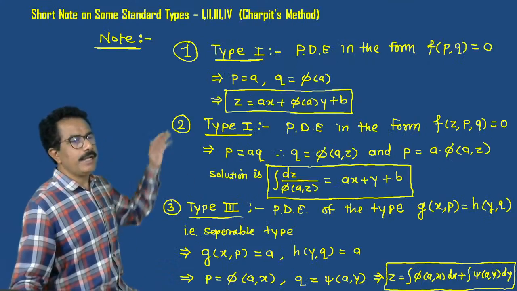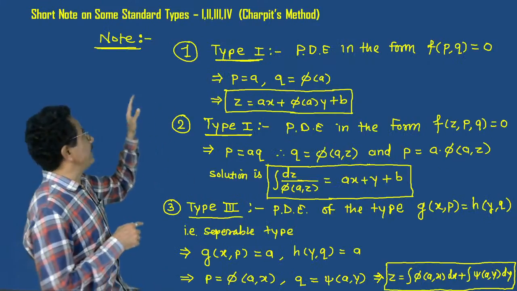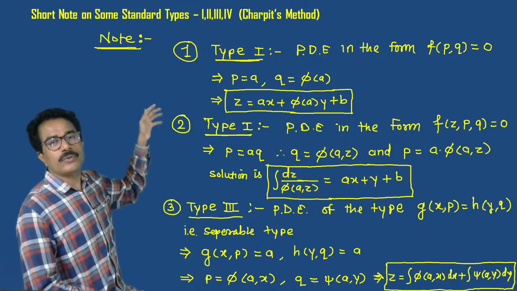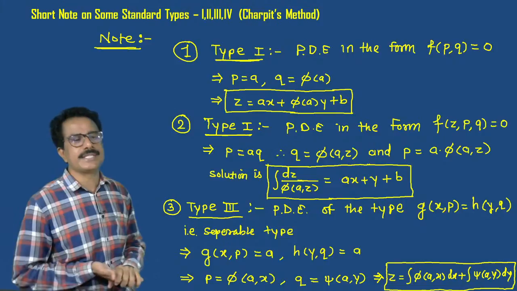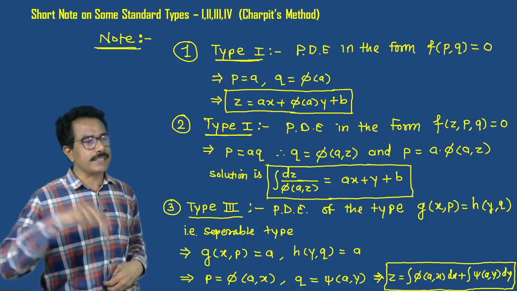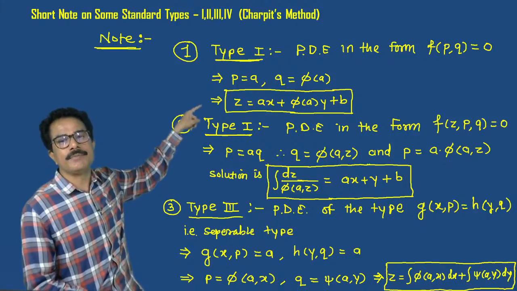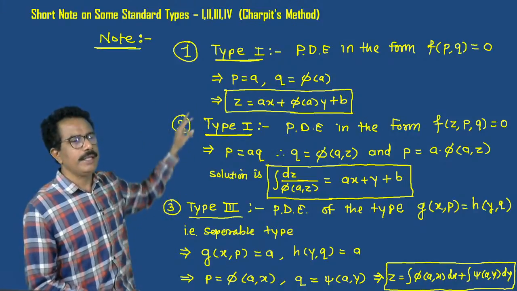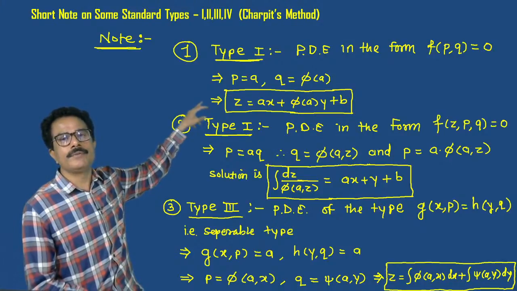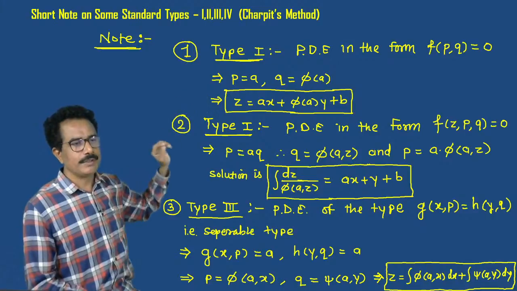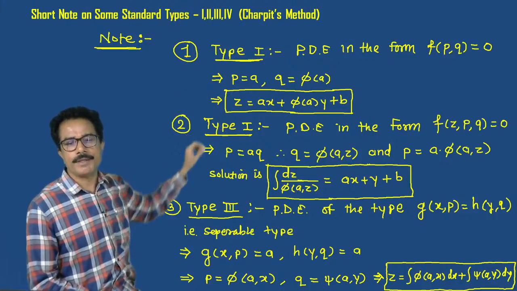Okay. Now actually there are 4 standard types. We have written the 4 standard types shortly as a short note, out of which we saw 2 standard types yesterday. First type: if the partial differential equation contains only p and q, then its solution is in this way.